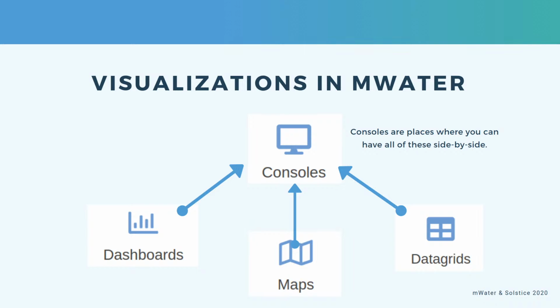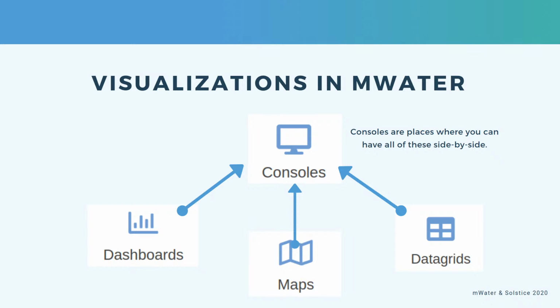Consoles are then for us the places where you can bring all of those things together side by side. So if a dashboard is a single page, a map is a single page, a data grid is a single page, what consoles add to the mix is a place where you can bring all of that side by side in different tabs. And then you can share that console with your stakeholders. So they don't need to remember to go to 5 different dashboards.